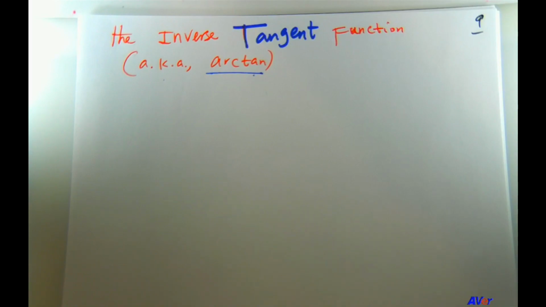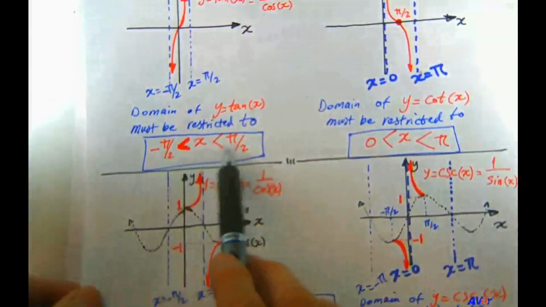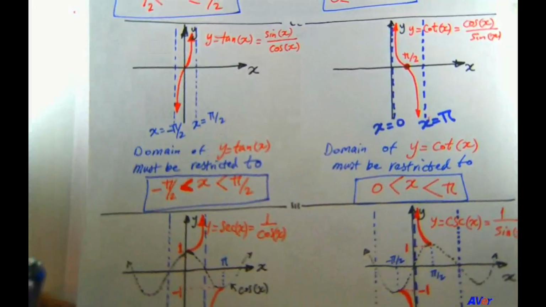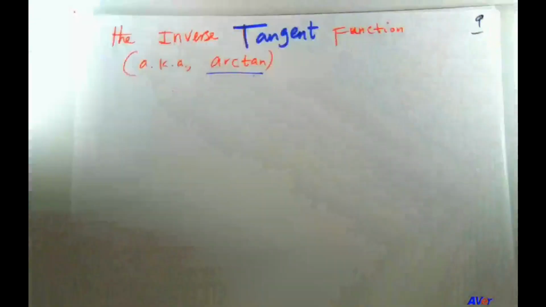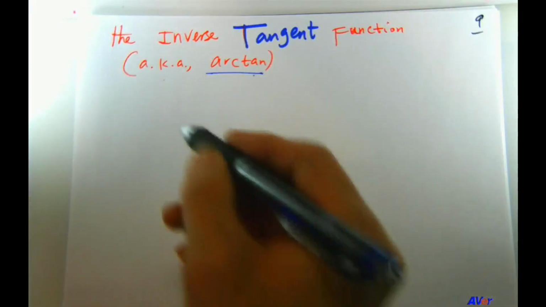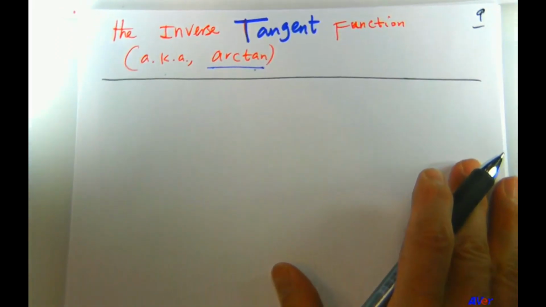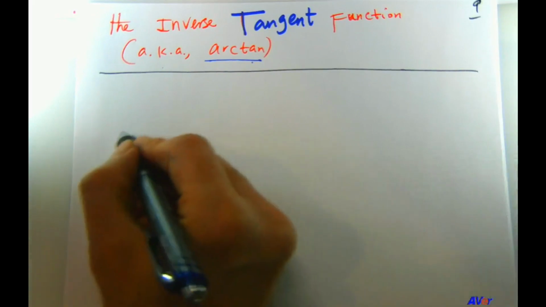Remember that from that set of graphs we did earlier. For the tangent function, we had to restrict the domain to minus pi over 2 to pi over 2. Remember that from one of the earlier pieces we did today? I'm just going to duplicate that graph here.